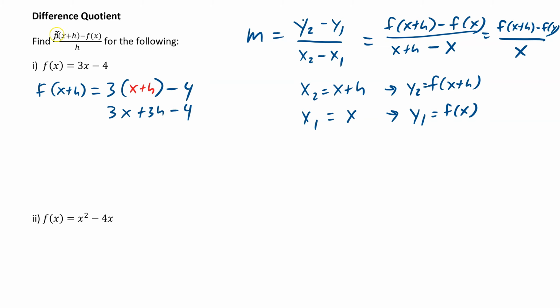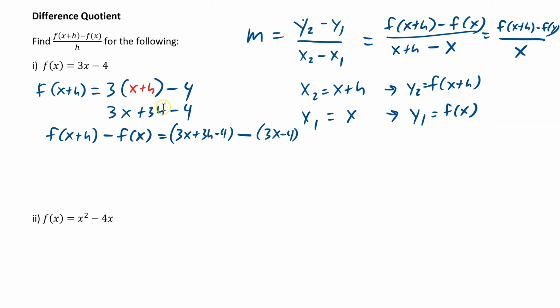So now it says we're going to take the f of x plus h and subtract f of x. And I like to do this in parts. And you don't have to even write this out. This is just subtracting. So we're taking 3x plus 3h minus 4, and we are subtracting from it the f of x.